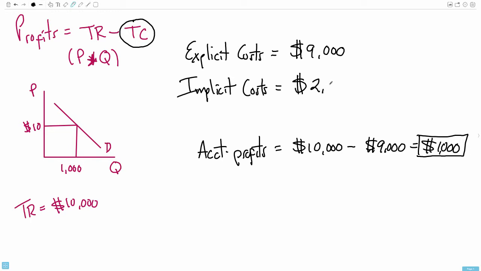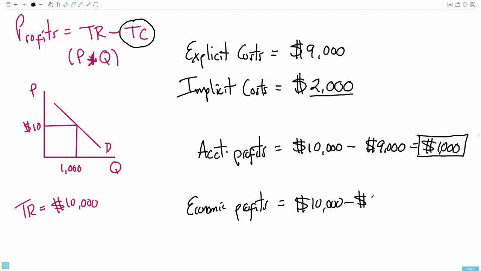Let's say you could be working somewhere else rather than producing and selling pizza, and then you could be making $2,000 a week, right? So this is important because now, if you calculate economic profits, you have to subtract, once again, from your $10,000 of total revenue, the explicit cost, $9,000, but also you have to subtract your opportunity or implicit cost of $2,000.